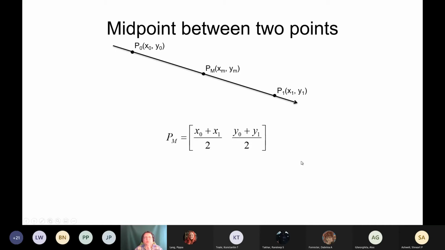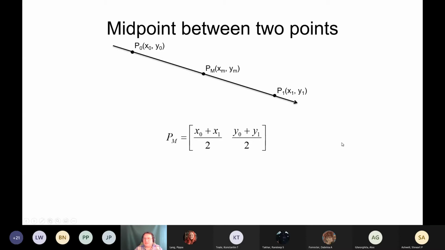Okay, I hope you intuitively feel that this will give you the coordinates of the point between these 2 points. Okay, so x has to be between this and this, halfway through. So you add them together and find the half of the sum will give you the point in between. All right. Okay, so that's the midpoint between 2 points.